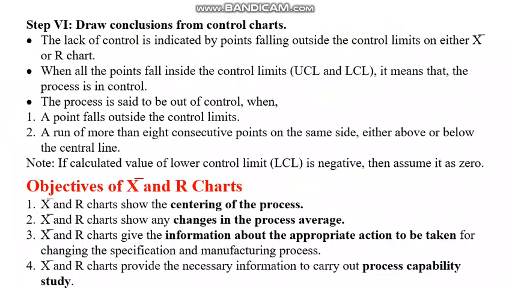Xbar R charts give the information about the appropriate action to be taken for changing the specifications and the manufacturing process. By studying that, you will come to know if any action is to be taken, if the manufacturing process is to be changed, or if the specifications are to be changed.